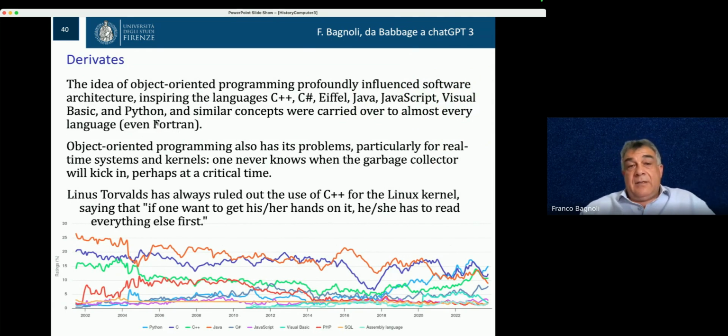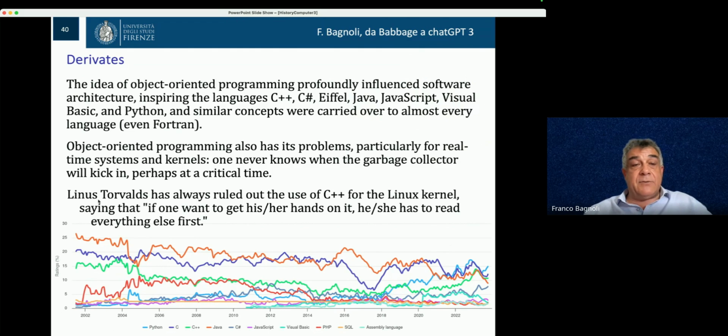And clearly, from the beginning of object-oriented computing, all that you know now, C++, C Sharp, Java, JavaScript, Visual Basic, Python, even Fortran and MATLAB now has the idea of object-oriented programming.